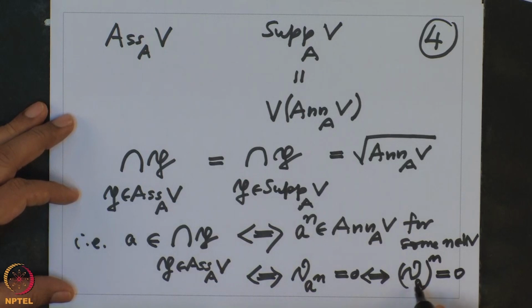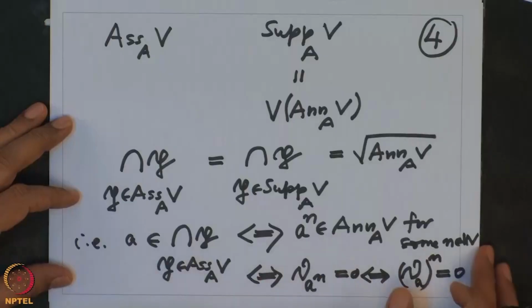That means it is nilpotent. So we proved our assertion that the homothety is nilpotent if and only if a belongs to the intersection of all associated primes.